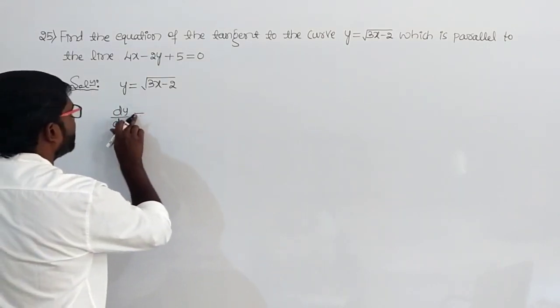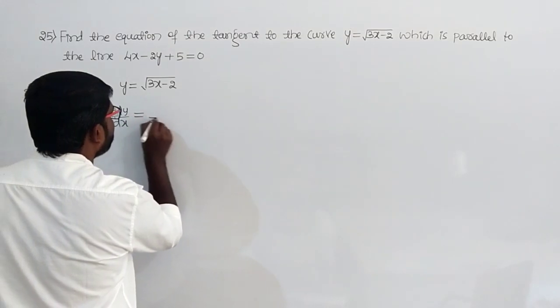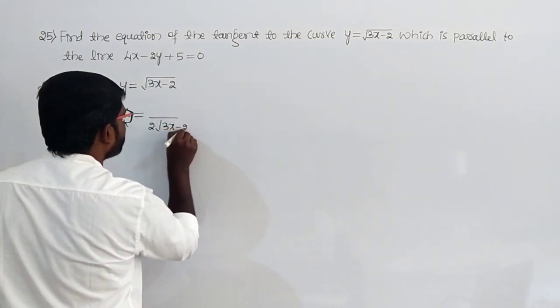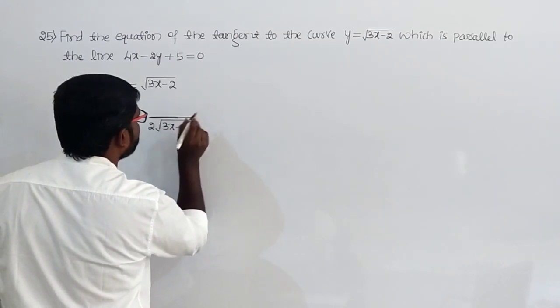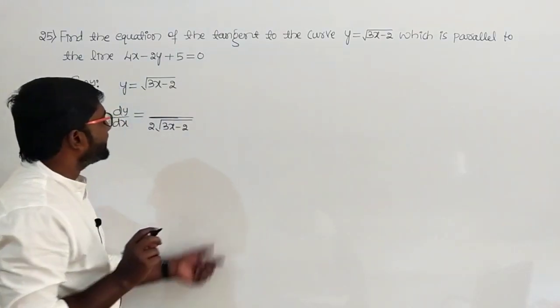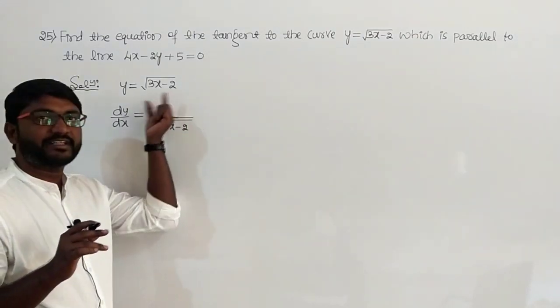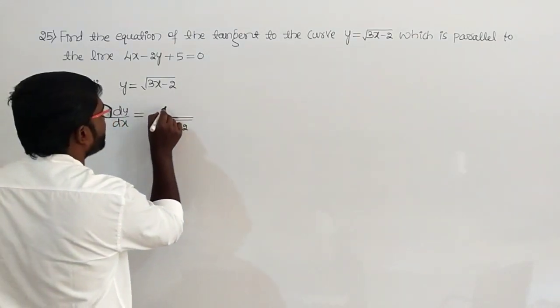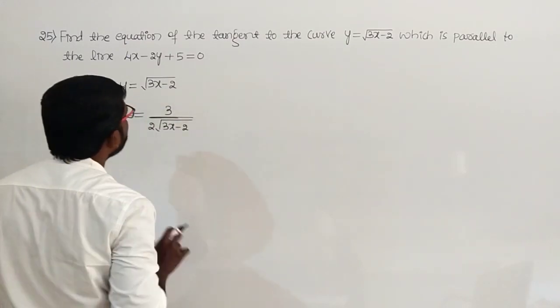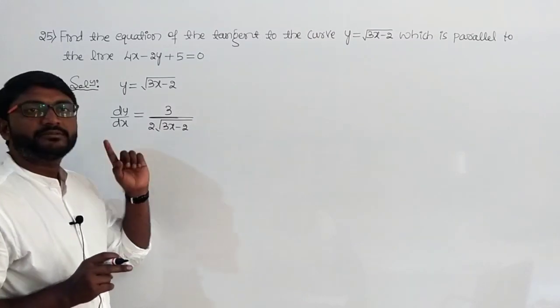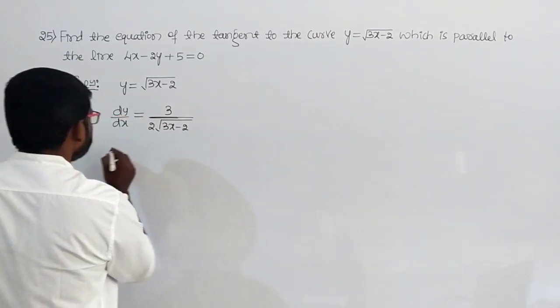So here 1 divided by 2 root x, where x is nothing but 3x minus 2. So now what is x? Here we have considered 3x minus 2 as x. So differentiate that once again. Derivative of 3x minus 2 will be 3. Overall the slope of the tangent is going to be 3 divided by 2 root 3x minus 2.